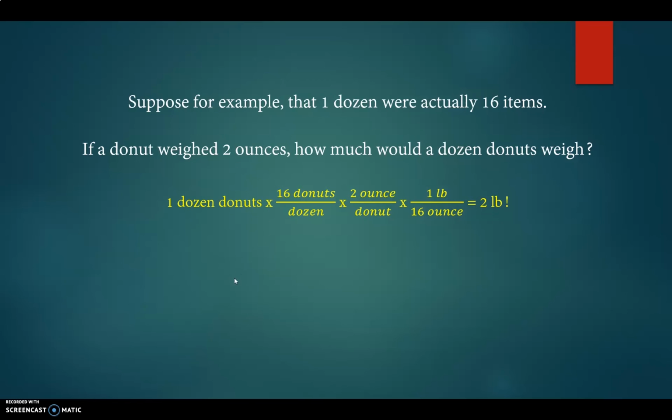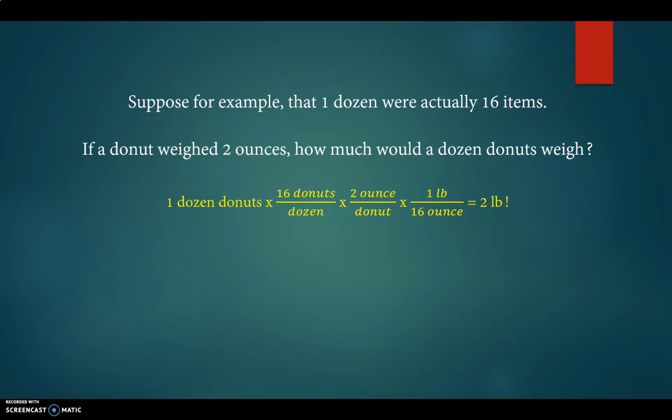So the number actually stayed the same, just like it was with the hydrogen, where the number of AMUs in one molecule turned out to be the same as the number of grams in a mole of molecules. So a dozen and a mole are simply different size groups.